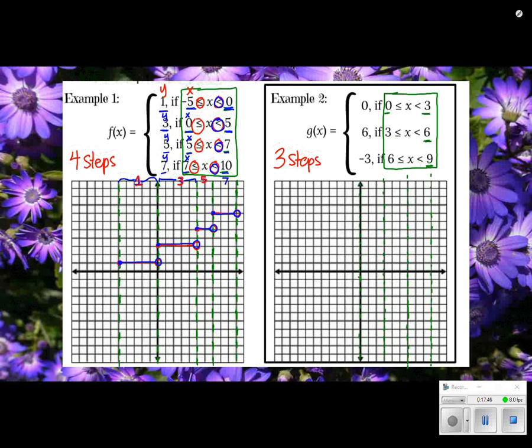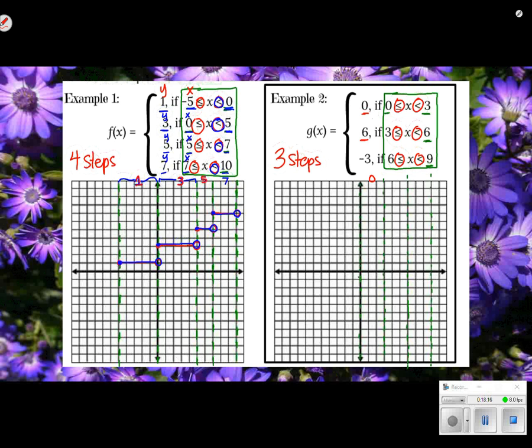All right, now, if you notice, all of these have closed circles on the left, open circles on the right. So I can follow that pattern as I go through and I graph. You're not guaranteed that though. You could have open circles on the left and closed circles on the right. You need to be able to read that. All right, so for my first function between 0 and 3, I'm going to have a y value of 0.